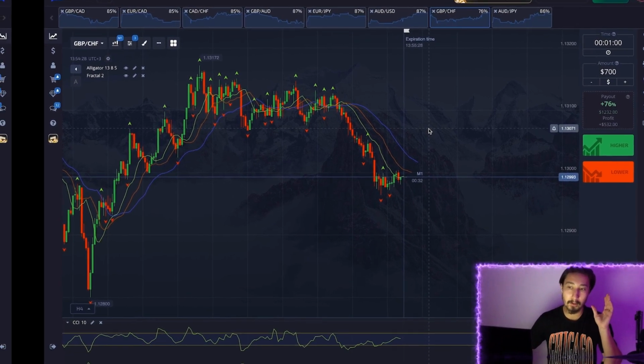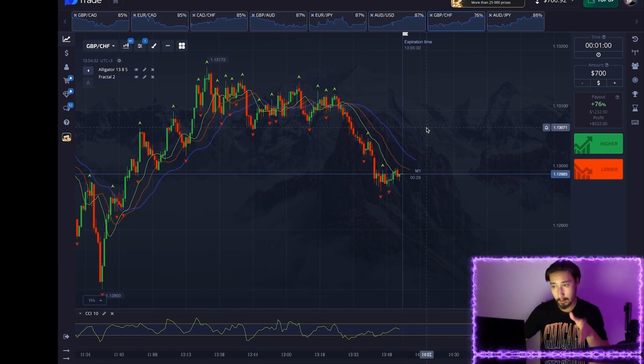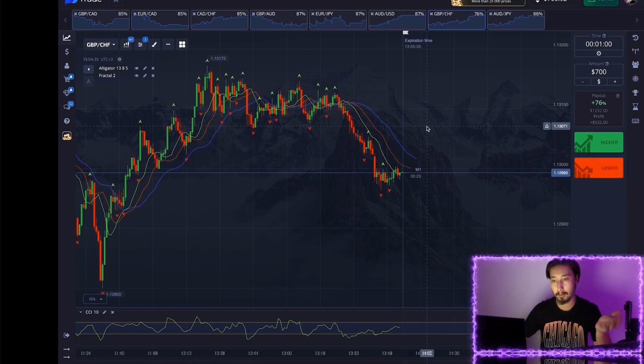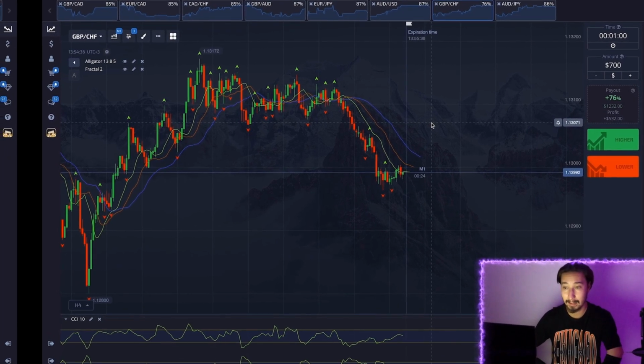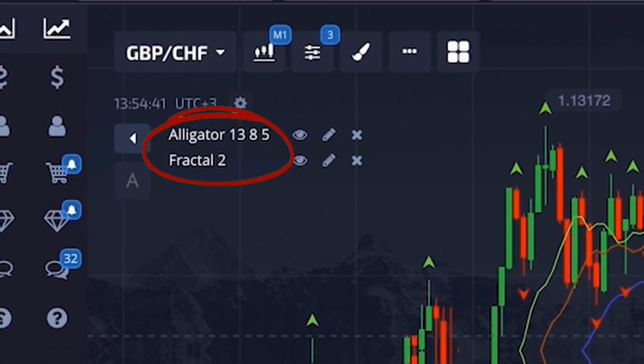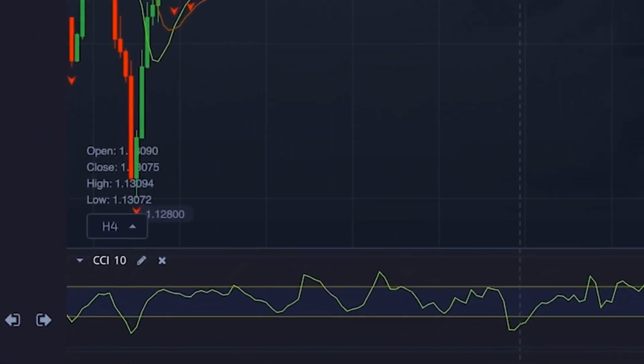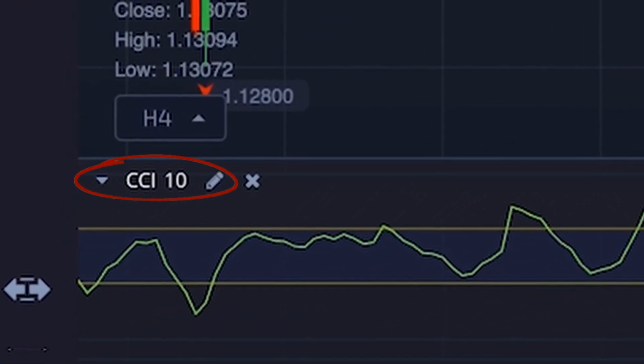I came to the conclusion that for the first strategy, as in most cases, I will focus on the trend, and today I will apply the following indicators. It will include an alligator and a fractal with default settings, and CCI oscillator with a period of 10 as usual.